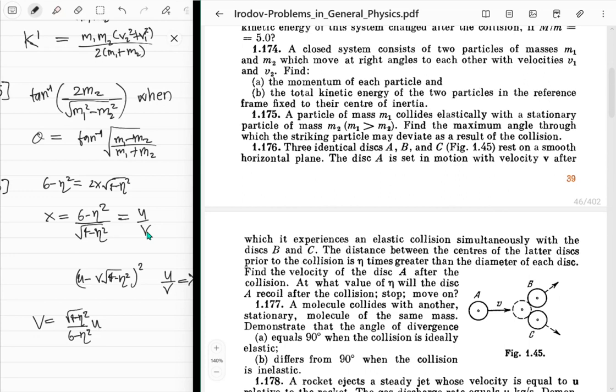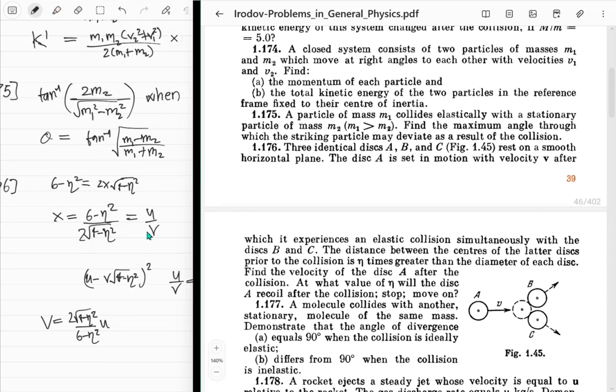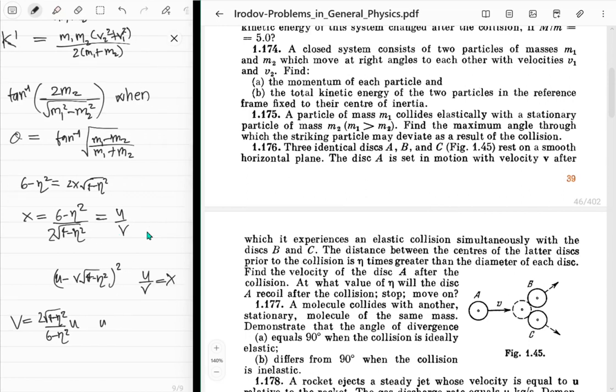Most likely it's correct, but I have a small doubt it might not be. Oh, what about this 2? That's supposed to be there. Sorry, so 2 times this guy. That makes sense. Okay, that's there. And what we're looking for is just u minus this v stuff. It's just looking for this quantity.